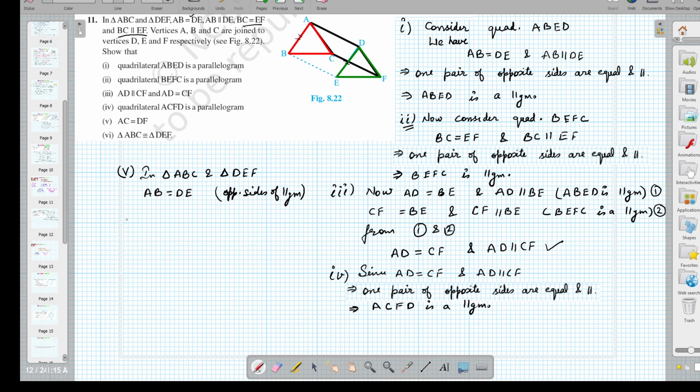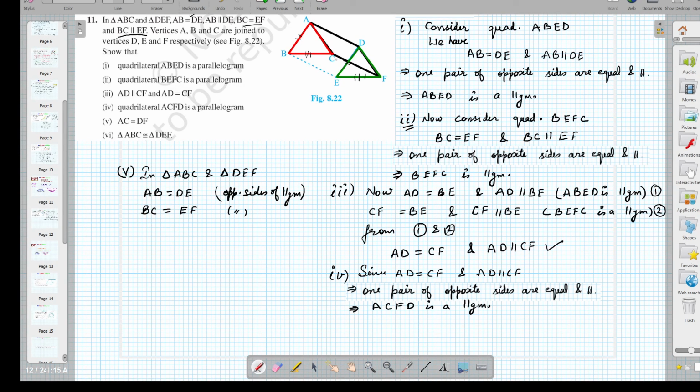The next is BC, this side, is equal to EF. Again, because we have proved BEFC to be a parallelogram, we can write BC is equal to EF with the same reason.